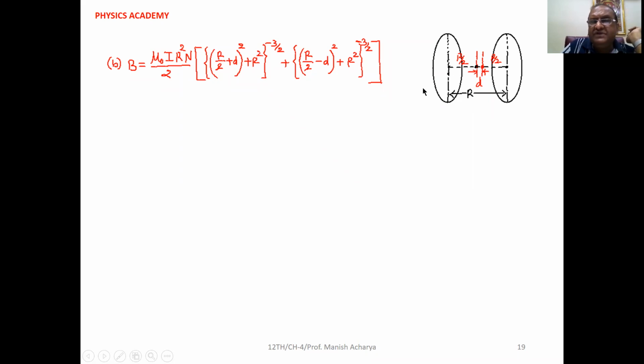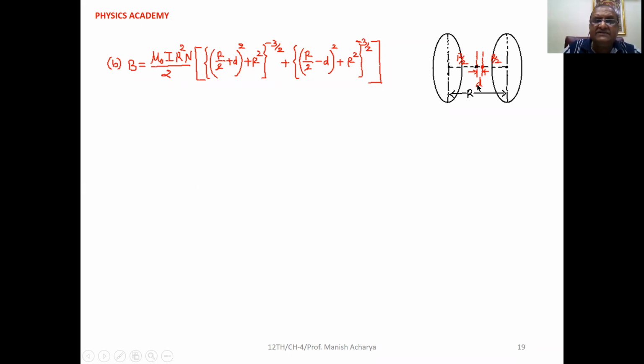Now see here, the midpoint means from each coil it is at distance r by 2. And now we have to consider another point which should be very close to this midpoint. So consider another point at a distance d from the midpoint as shown in the figure.